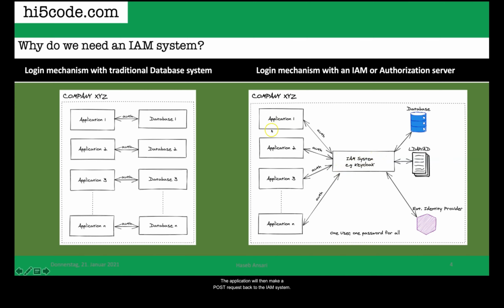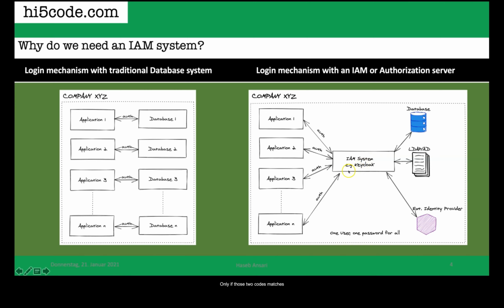and send it to the application. The application will then make a post request back to the IAM system to request the access token. This is also a verification step, because the application has to send back the same code which the IAM system generated in the previous call.